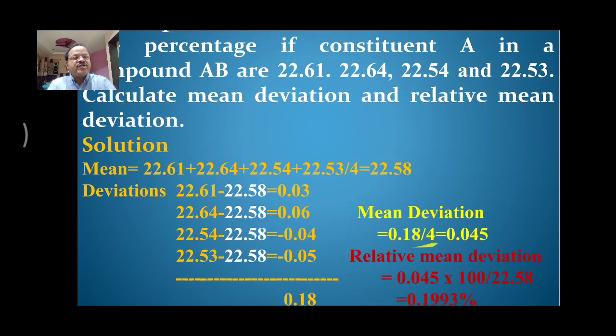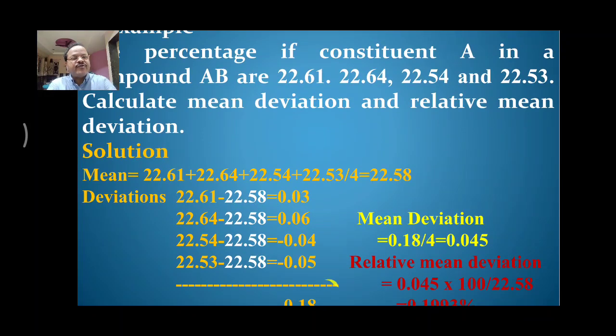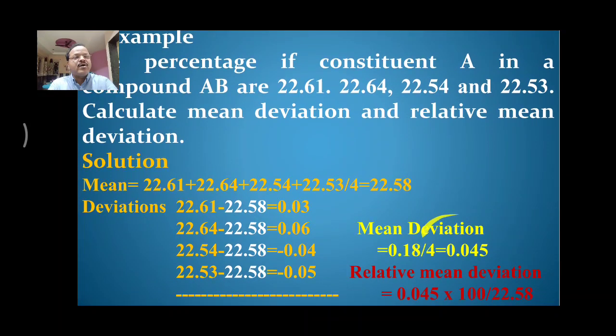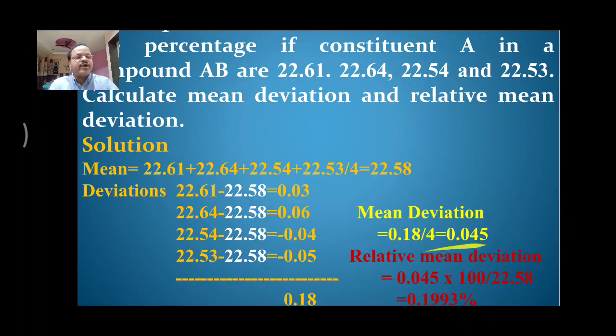Now we can find out the mean deviation. So mean deviation is the sum of the deviations, that is 0.18, divided by the total number of readings or total number of deviations, and that comes to be 0.045. So this is called the mean deviation. See the steps.